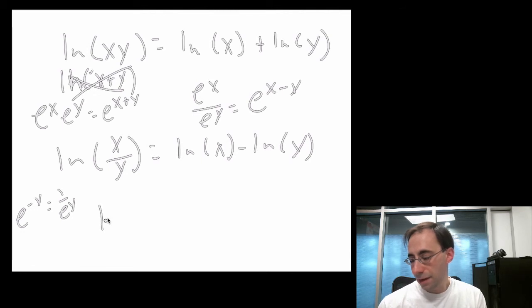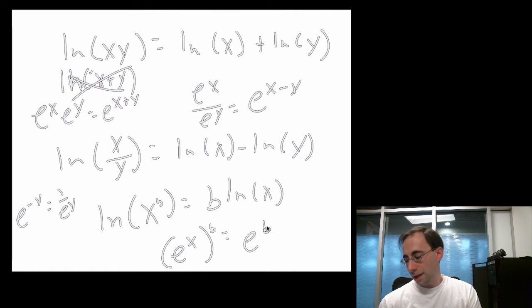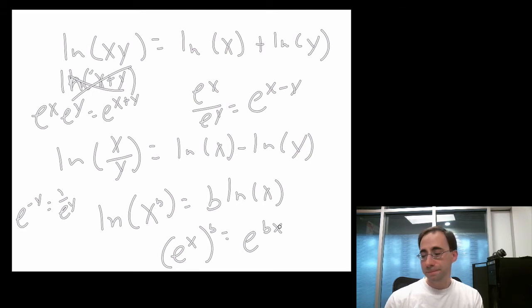And finally, log of x to the b equals b times log of x, in the same way that e to the x raised to the b power would be e to the bx. The difference is in the log, you actually separate the logs completely. In the exponents, you just separate the arguments here, the x's.